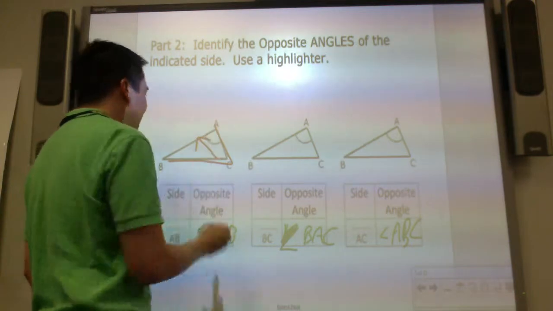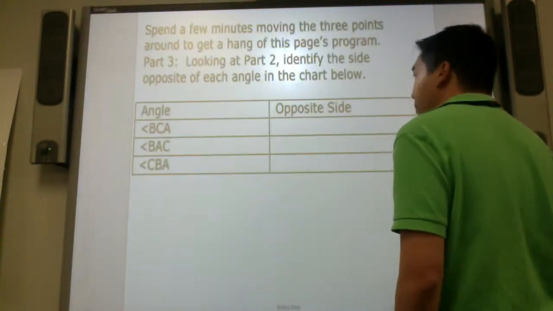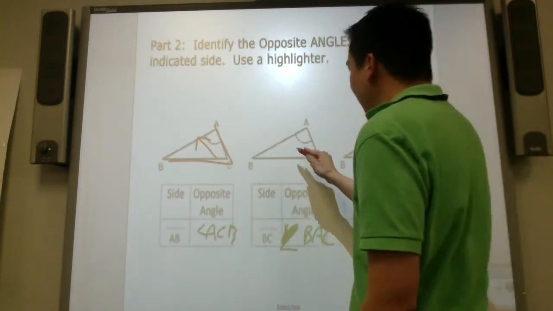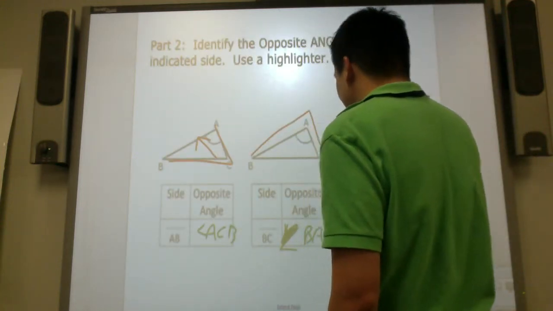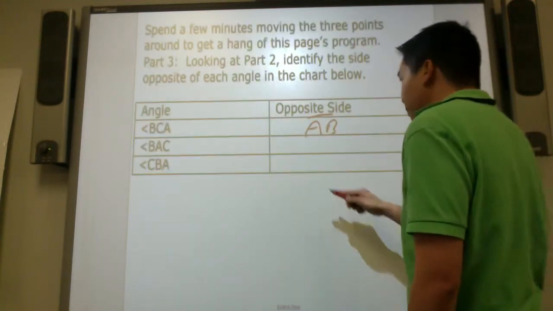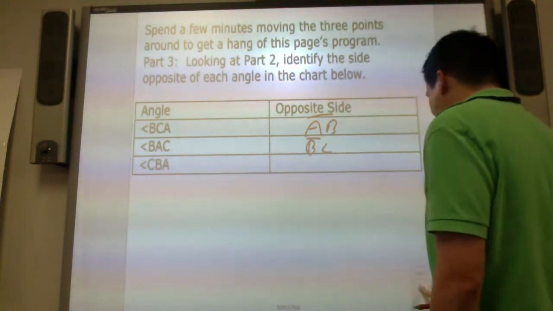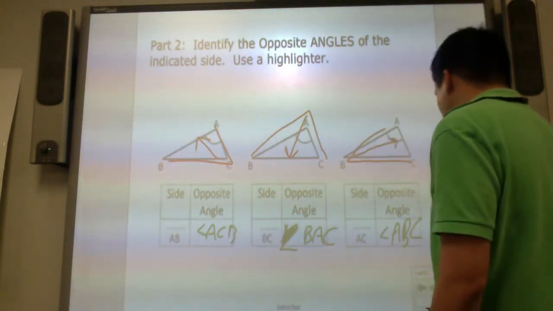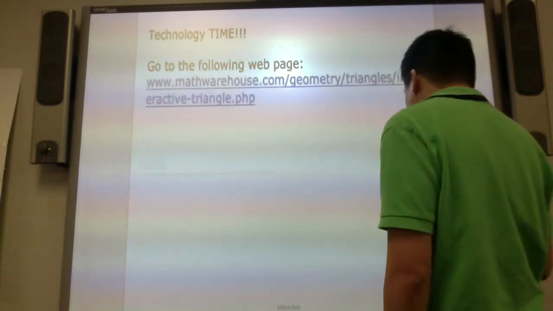What is the opposite side of it? It is AB. Here's BAC. What is the opposite side of it? BC. And here's CBA, C to B to A. What's the opposite side of it? AC.